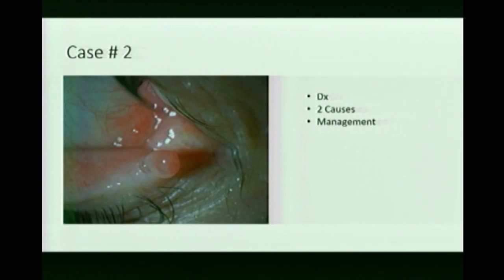Yes, but anyway, even in general. Dr. Ayman is helping you cheat, guys. He says the cause is there in the picture. It's not theory. Though I will take 2 causes even if they're not in this picture. Maybe the picture isn't clear. So what's the diagnosis? 2 causes and the management.